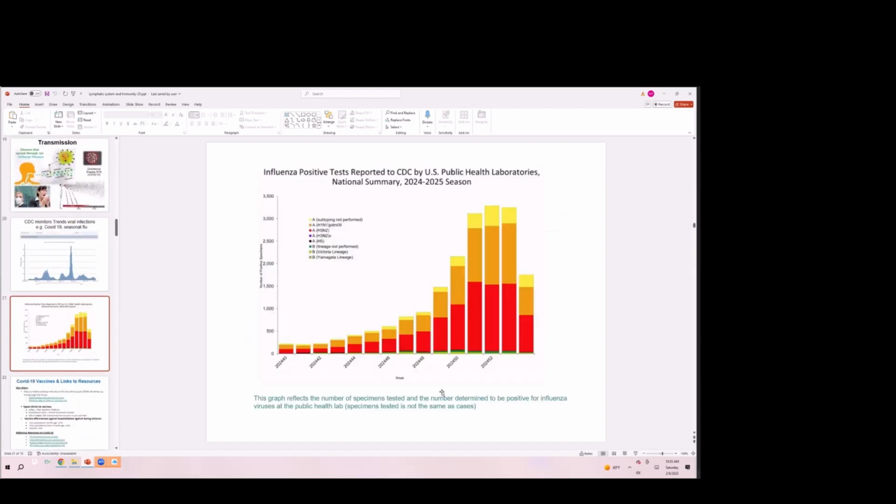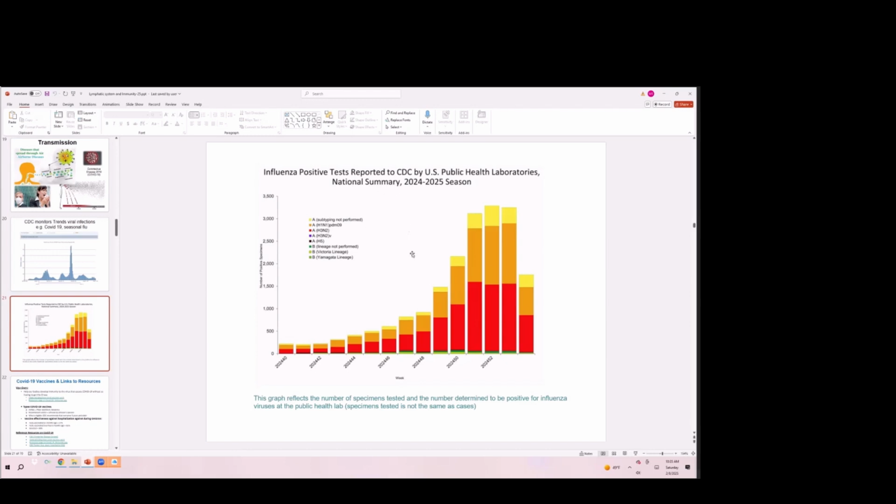Now that we don't have COVID, they're no longer measuring it, but now they're measuring different kinds of flu that we have. Since sometime around the end of September 2024, the flu season started. Up to now, they've been measuring the different kinds of flu virus strains that are available.